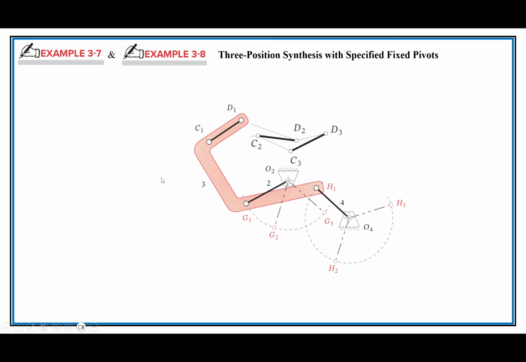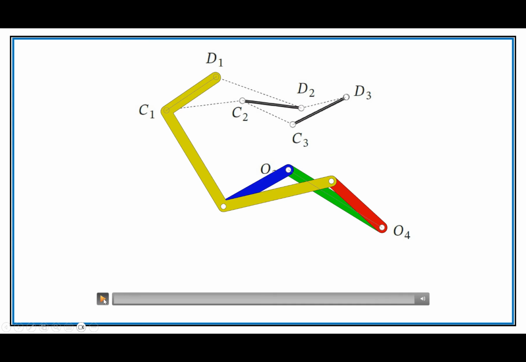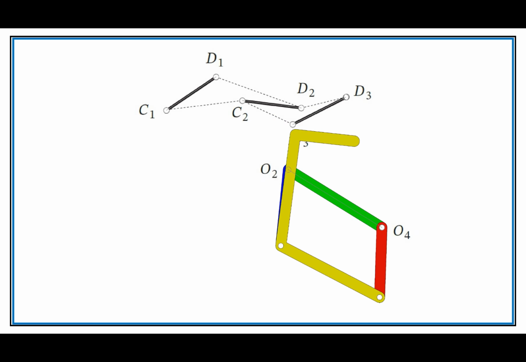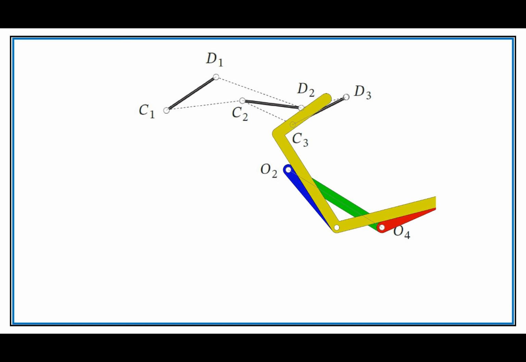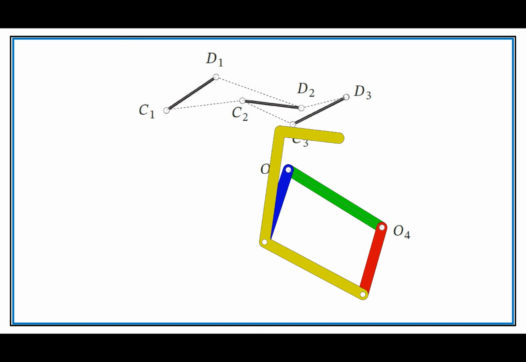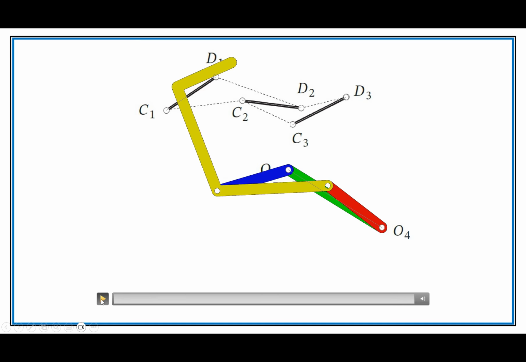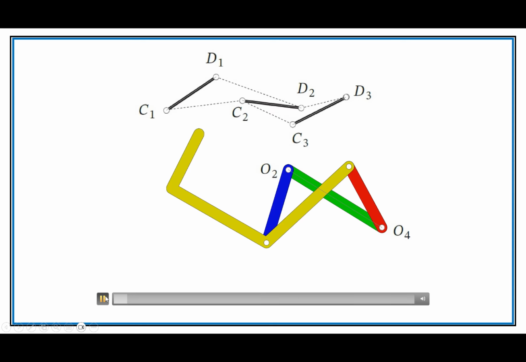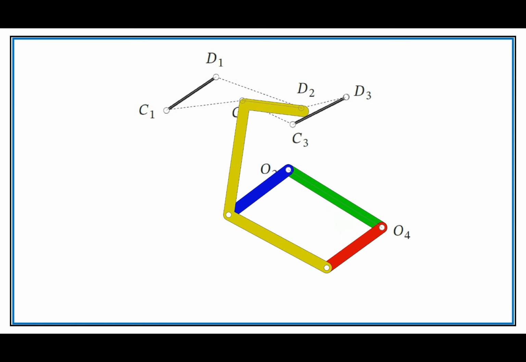So here's the mechanism as they've drawn it, and here's what it looks like when you animate it. And if you can see, I went ahead and made this a full rotation. And I think perhaps I should have put a driving dyad on it instead to make sure that we restrain it so it only goes in one direction.